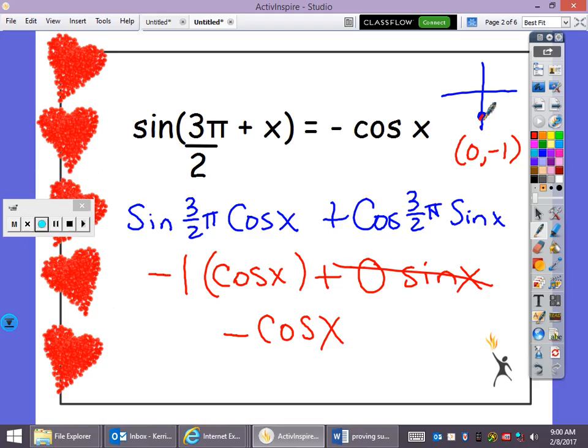And if you ever forget, alphabetically, cosine comes before sine. And that's why tangent is sine over cosine, because it's like slope, so y over x. Okay? Yes. Cosine is x, sine is y of an ordered pair. Good? All right, please try number 3.